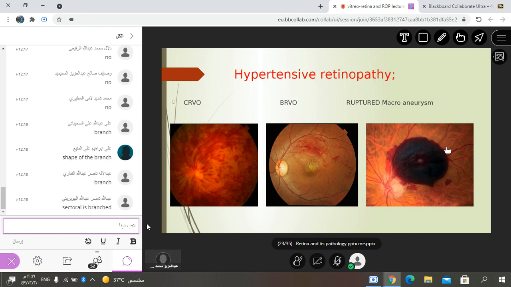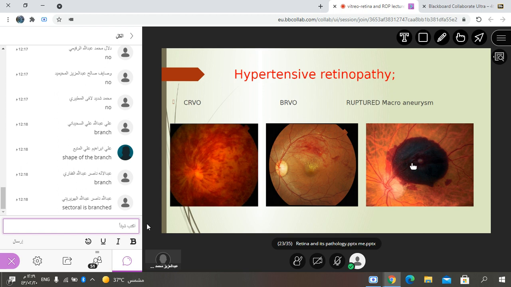Excellent, Abdullah. This condition is ruptured macroaneurysm. You can see this is a macroaneurysm, and this is a ruptured macroaneurysm. In the ruptured cases, you can see the blood that is coming into the retina. It's multi-layered. It's going in the retina, and it's going subretinal.